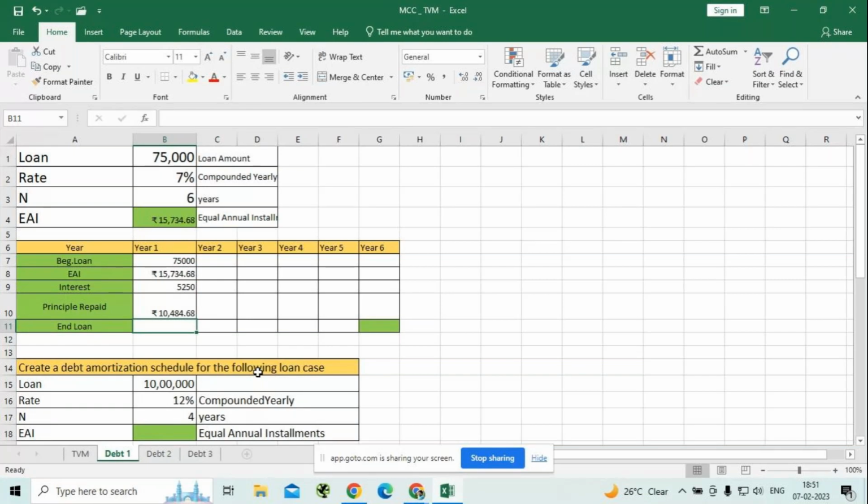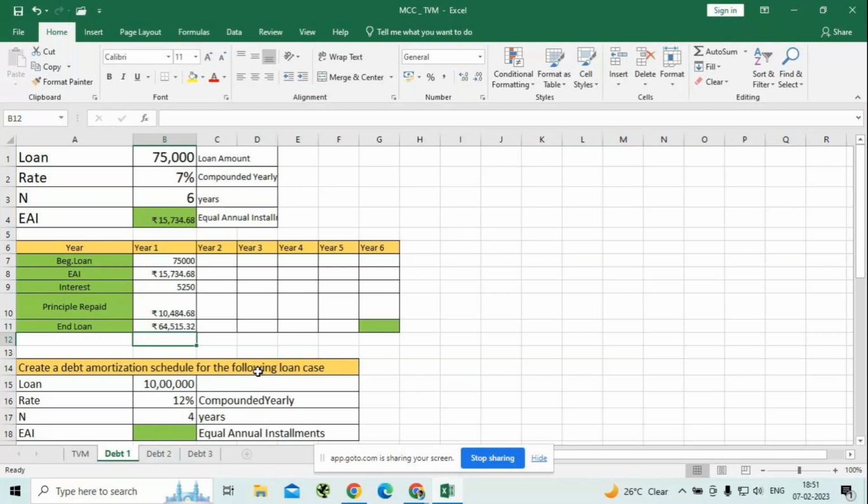Then end loan. So what is the formula for this? Loan beginning of the year minus principal repaid. Very good. Beginning loan amount minus the principal repaid. So this is the amount after paying the EMI with the interest.